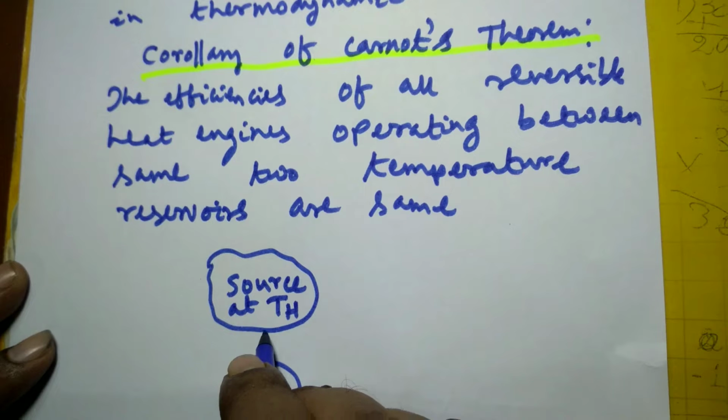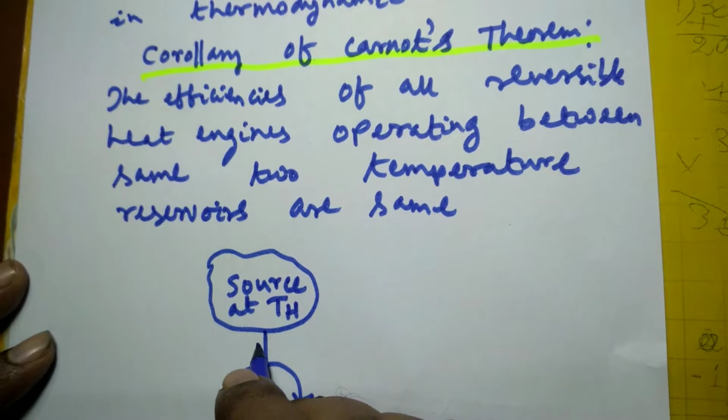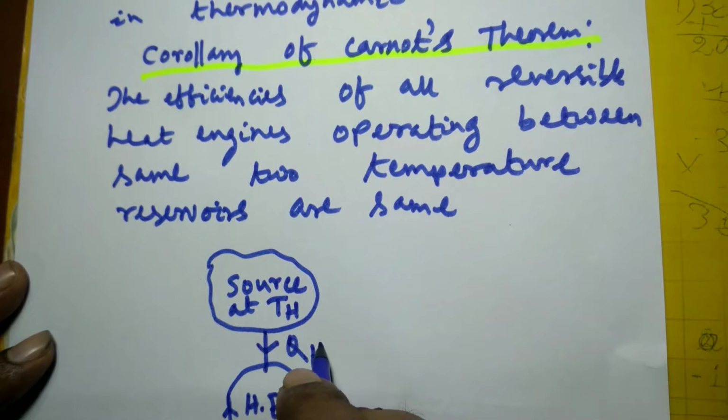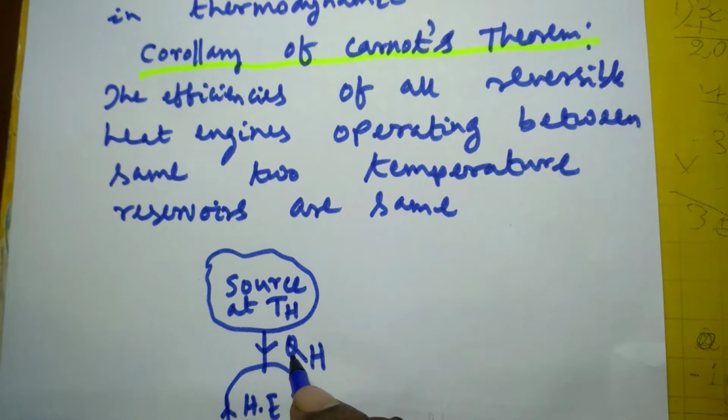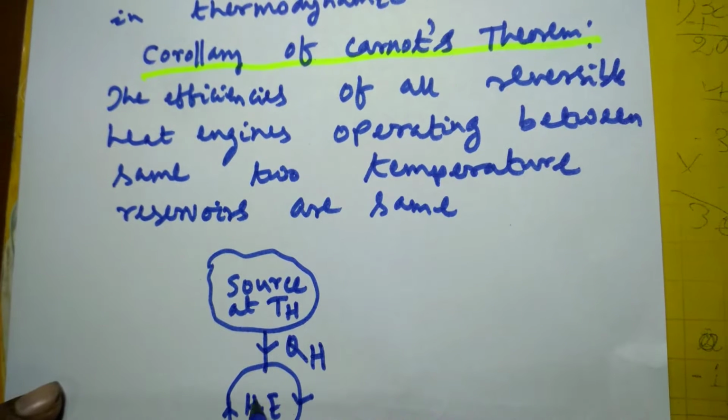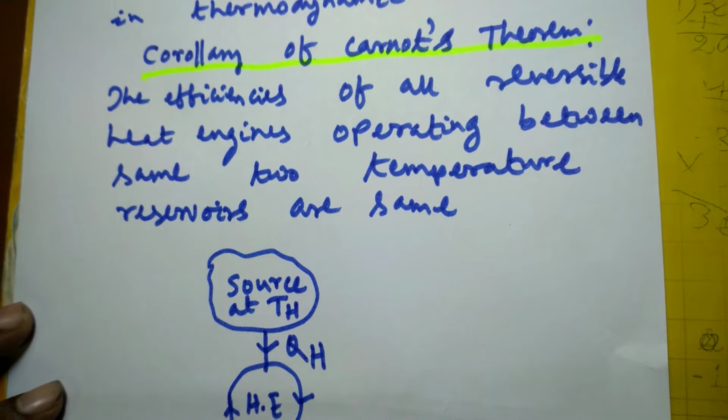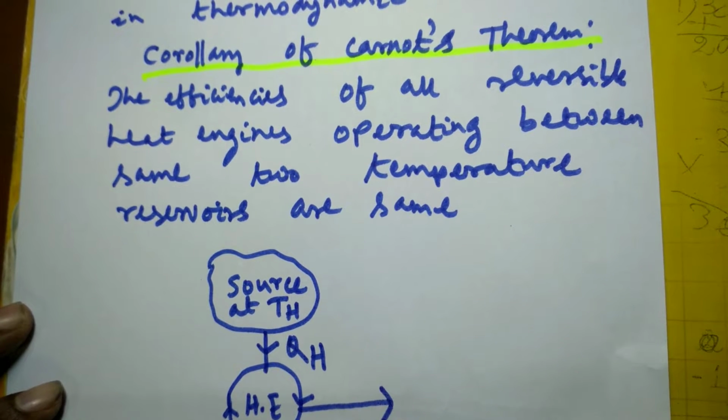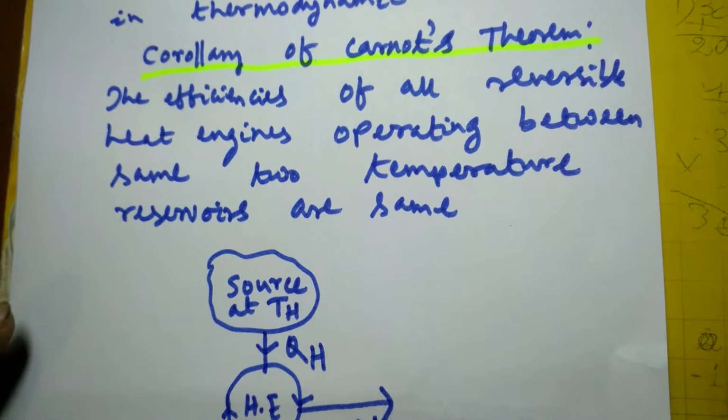It is a clockwise device, a power producing device. Suppose QH amount of heat is added to the heat engine from the source, QL is the heat rejected by the heat engine, and this is the work output of this reversible heat engine.